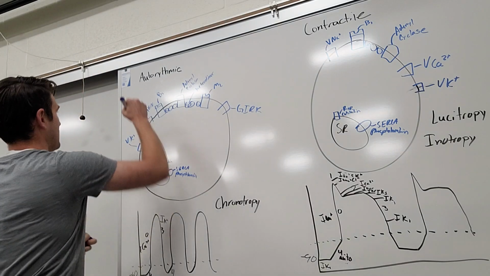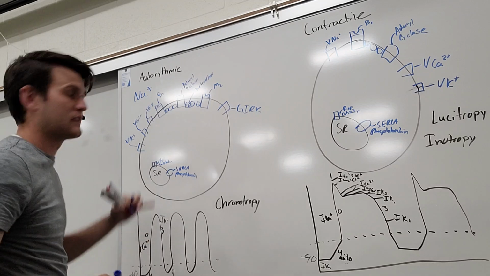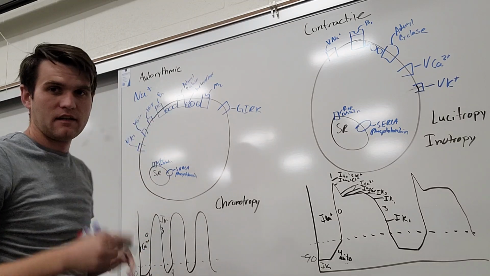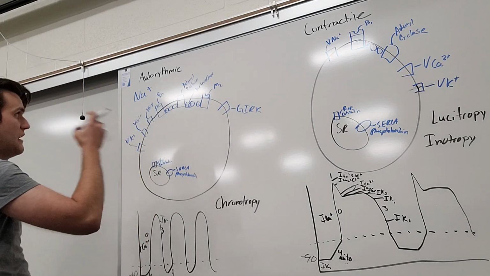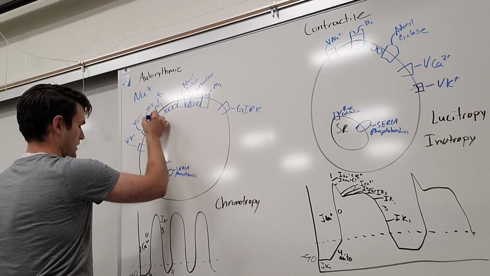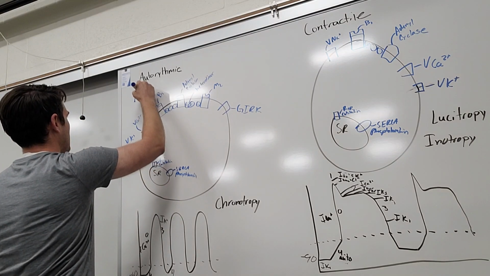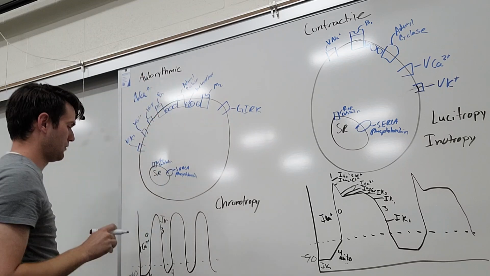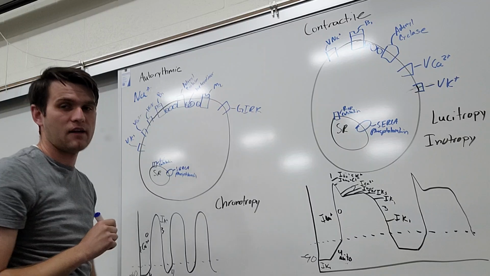And now what that's going to do is usually sodium is going to rush into this cell, okay? Sodium's going to rush in, and that's going to cause a voltage change, and it's going to activate this voltage-gated calcium channel.